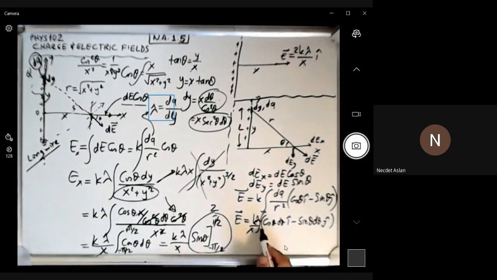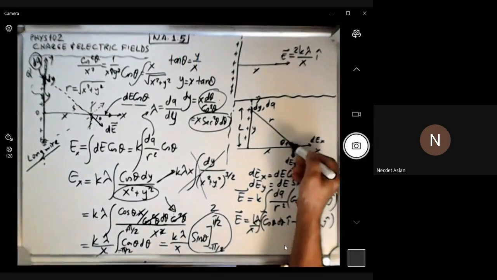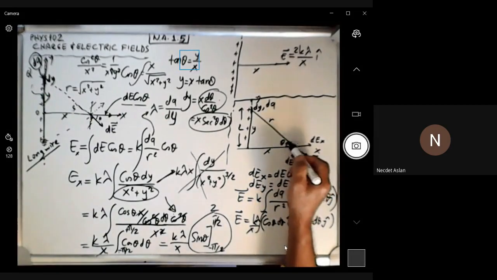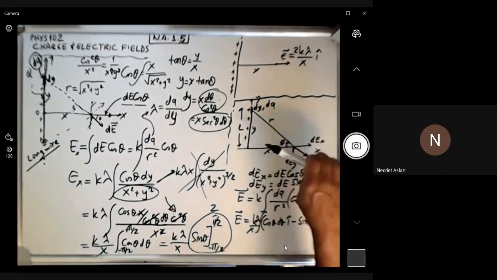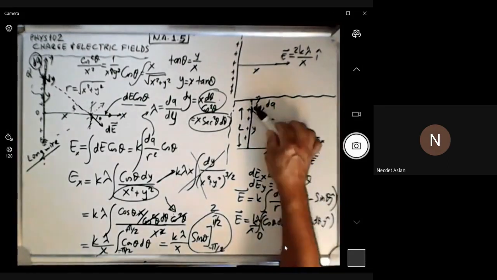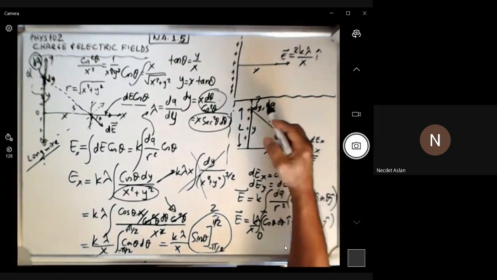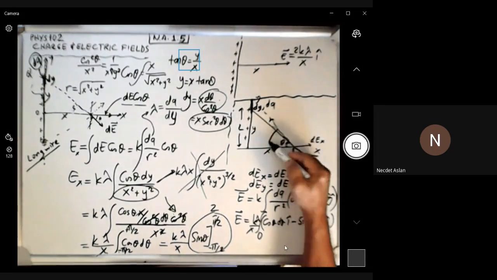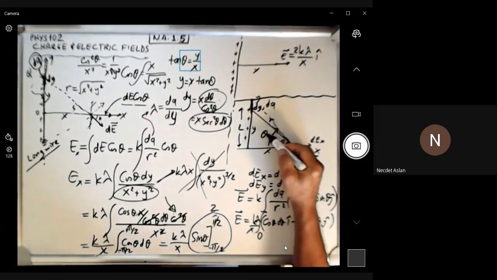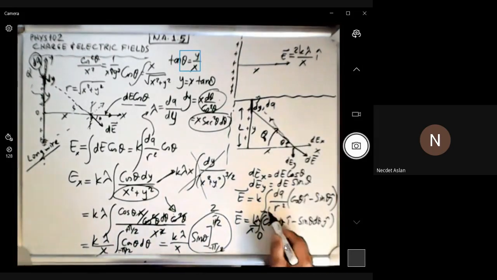Now the angle is very important. This angle is measured from the x-axis. When you're here on the lower end, this angle is 0, but when you are here, suppose that the length is this much, so the maximum angle that you have is theta 0. So from 0 to theta 0.